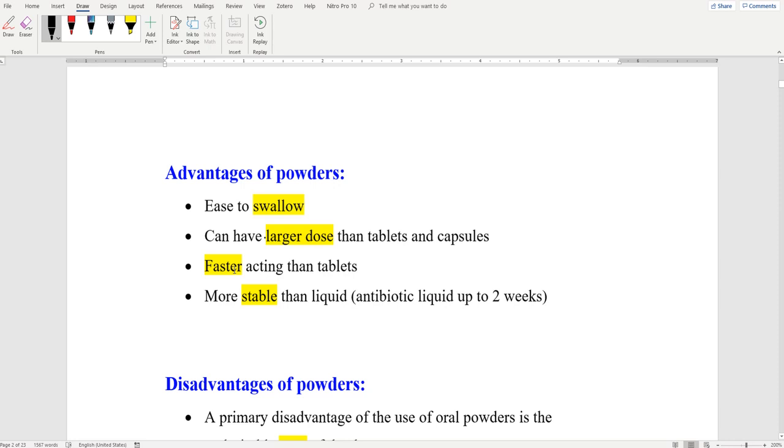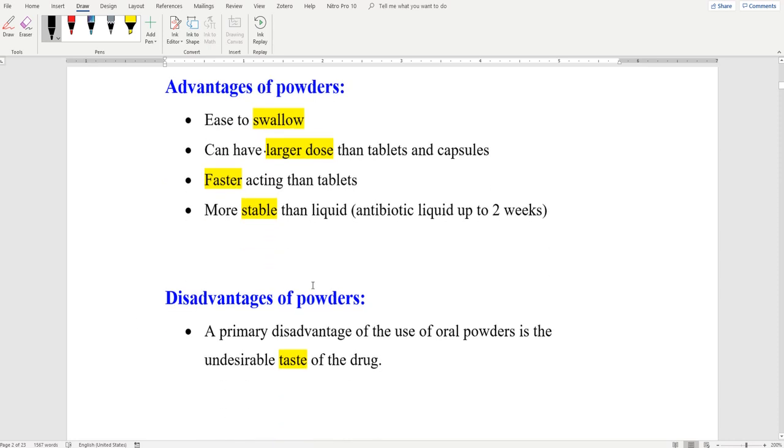Instead, what they do is they prepare it as powders, and then they will ask you, okay, when you want to start taking this antibiotic, then you can add water to it, and then you have to discard it within 2 weeks. Of course, usually you will take the antibiotic maybe for 1 week or 5 days, and then you will discard the medication.